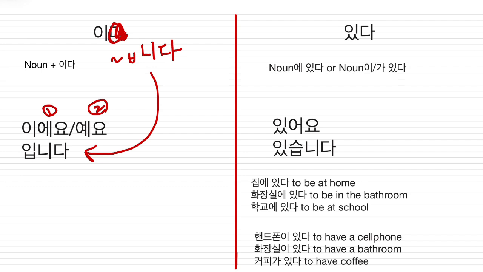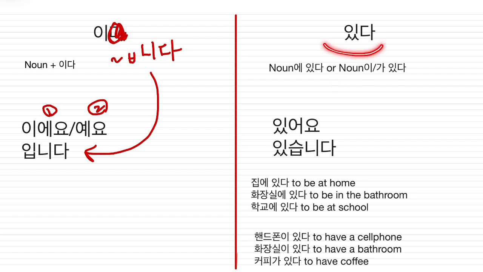있다. So unlike 이다, you can pronounce it 있다, like this. And it is also used with something 에 or something 이/가 together. So it's like noun 에 있다 or noun 이 or 가 있다.